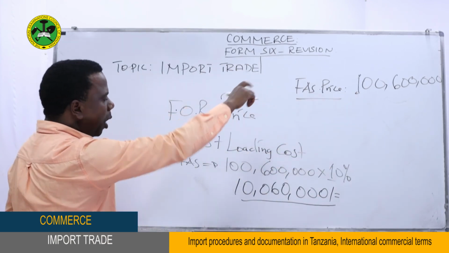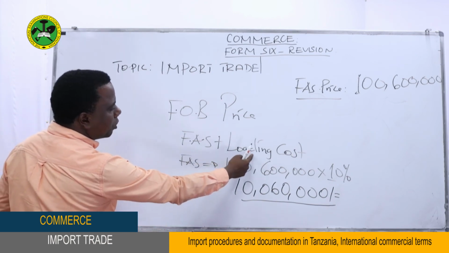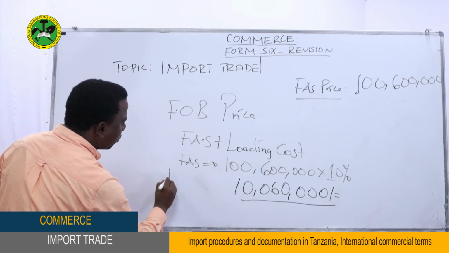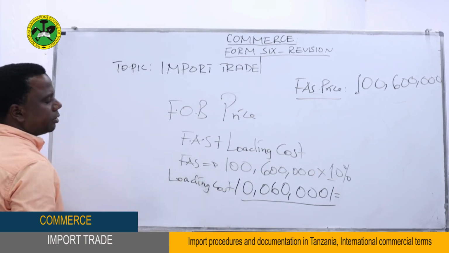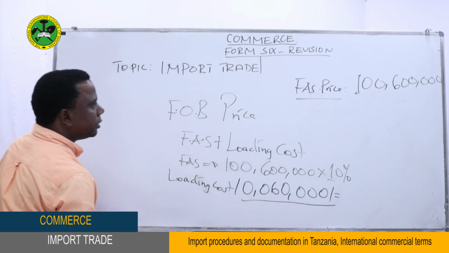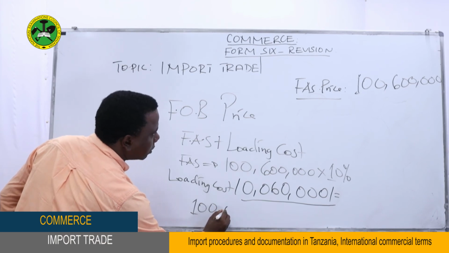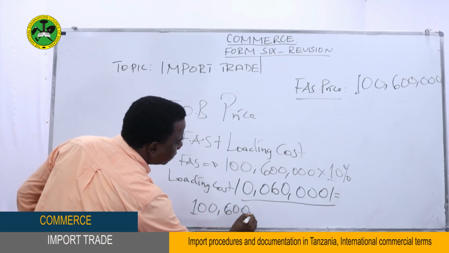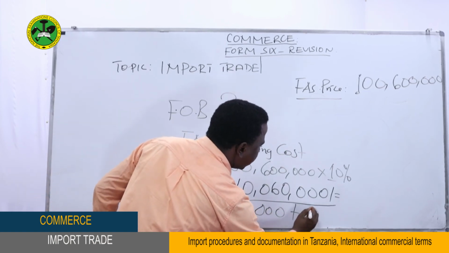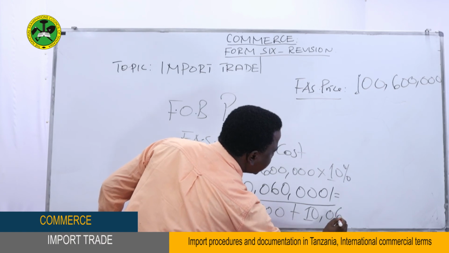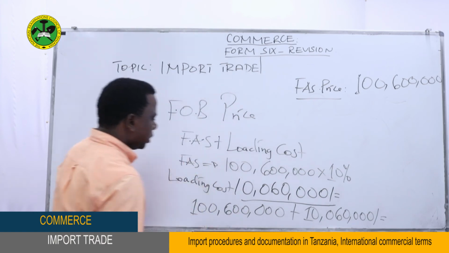You take that first price and add the loading costs, which is 10,060,000. So take 100,600,000 and add 10,060,000.